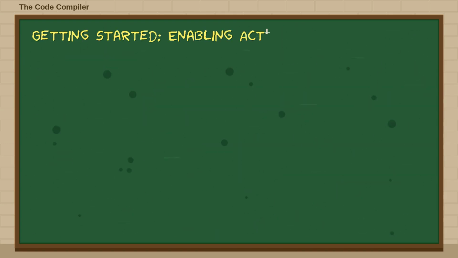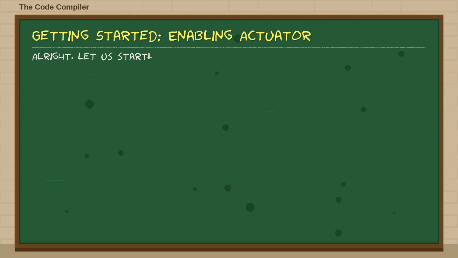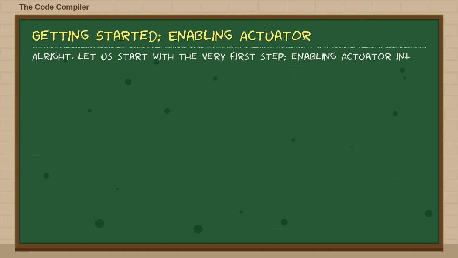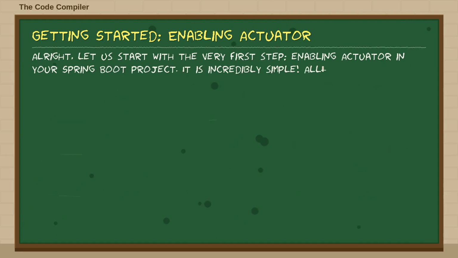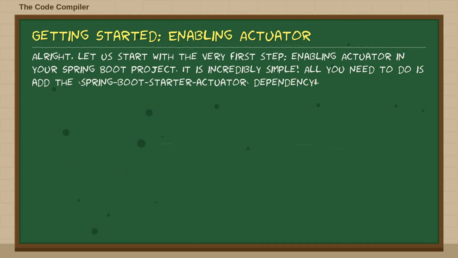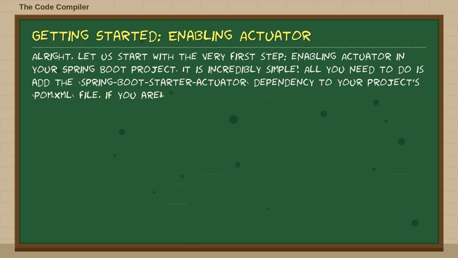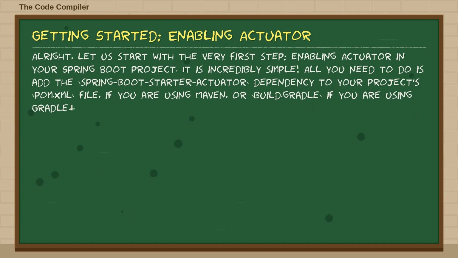Alright, let us start with the very first step, enabling Actuator in your Spring Boot project. It is incredibly simple. All you need to do is add the Spring Boot Starter Actuator dependency to your project's pom.xml file if you are using Maven, or build.gradle if you are using Gradle.